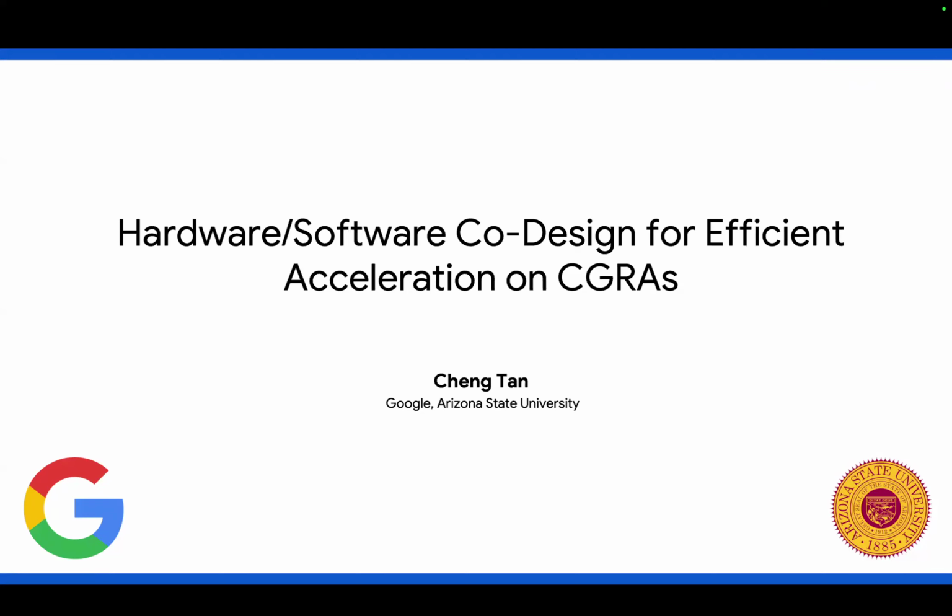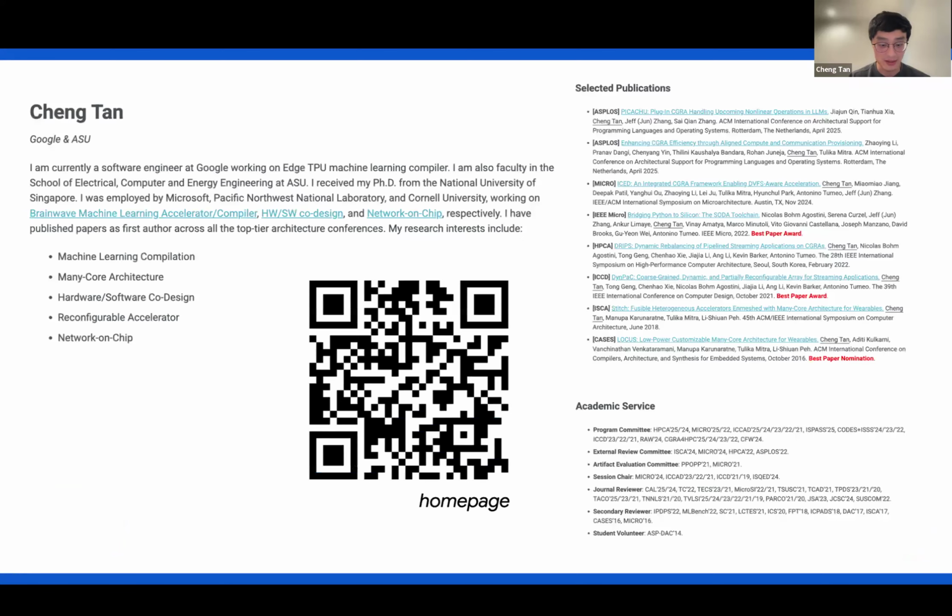Cool. It's my pleasure to give this talk, hardware software co-design for efficient acceleration on CGRAs. As Prof. Yuan mentioned, I'm a software engineer at Google and also a research faculty at Arizona. I have worked on reconfigurable data flow accelerators for years.